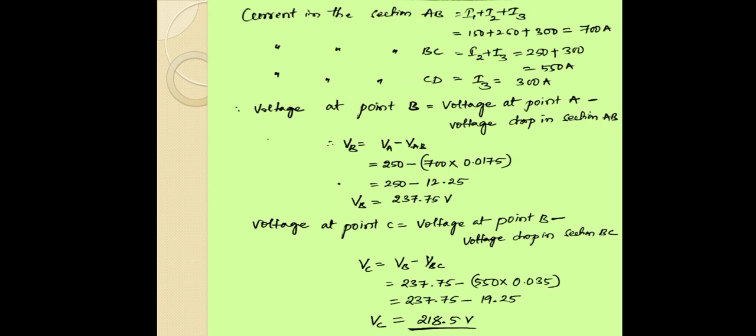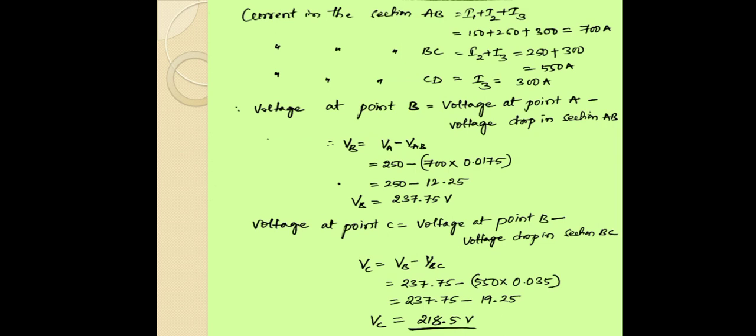VA is given as 250 volts, so substitute 250 minus VAB, which is current into resistance: 700 into the resistance of section AB, 0.0175. That is 250 minus 12.25, which gives the voltage at point B equal to 237.75 volts.